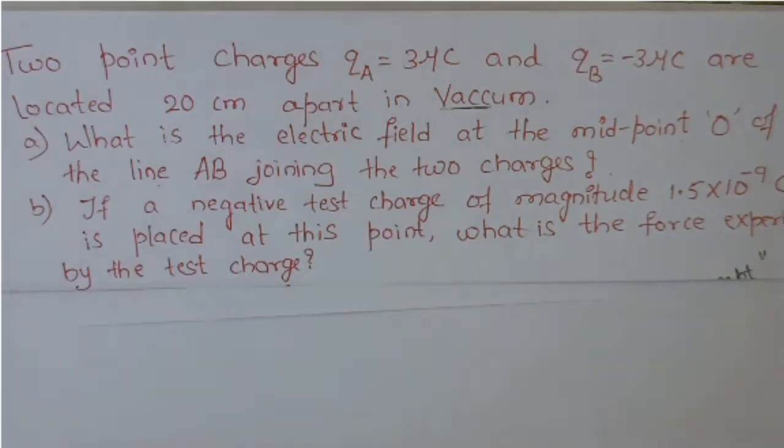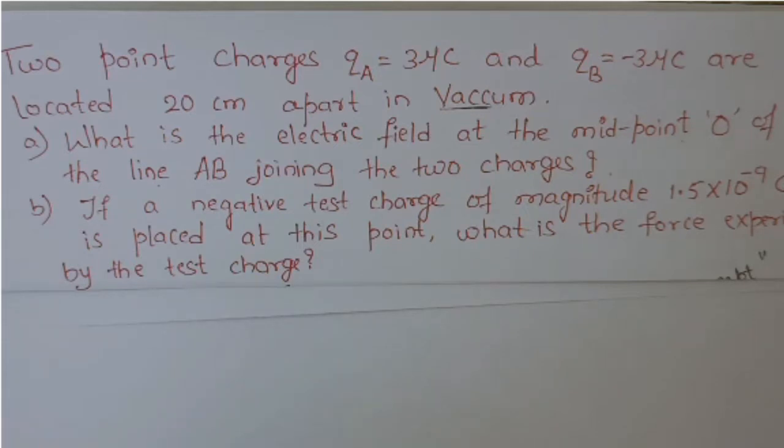So this is the next problem I have come with, on electric field, right? The question is: two point charges QA is 3 microcoulomb and QB is minus 3 microcoulomb, so they are opposite charges, located 20 centimeter apart in vacuum.